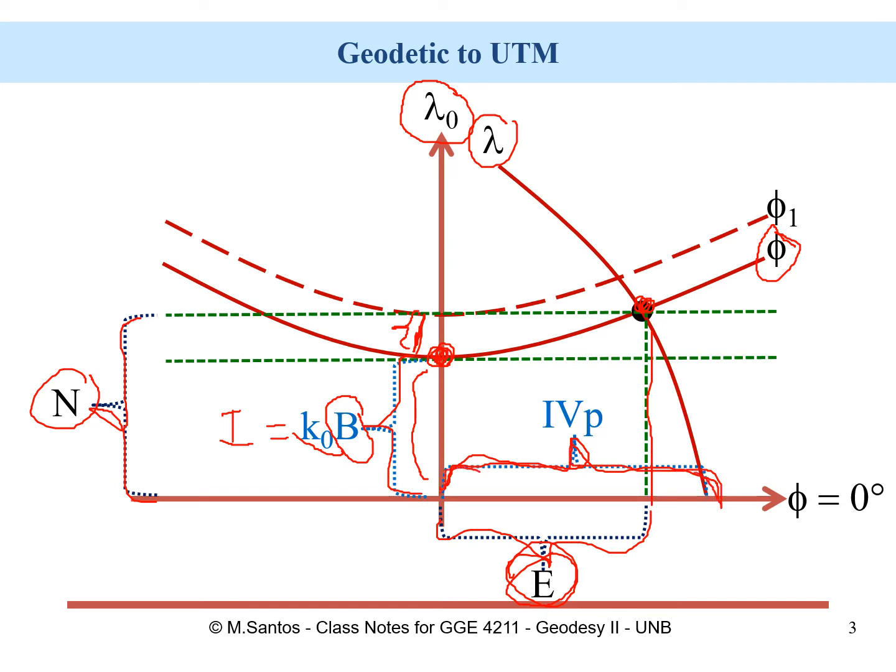So we know this because this corresponds to the distance on the equator between the central meridian, lambda 0, and the longitude of the point, lambda. Okay, this is the main term. It's going to be 4p.